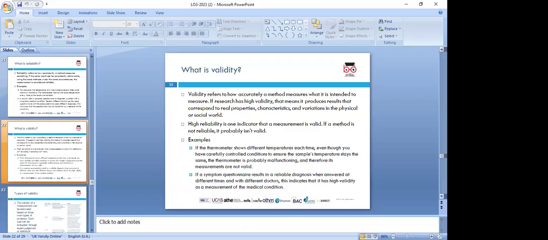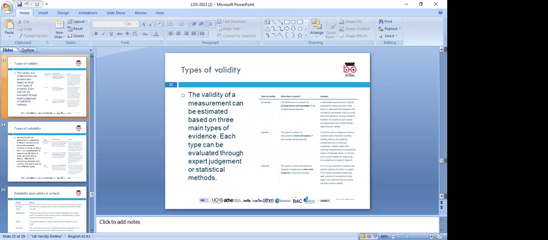If a symptom questionnaire results in a reliable diagnosis when answered at different times and with different doctors, it indicates that it has high validity as a measurement of the medical condition. All right.